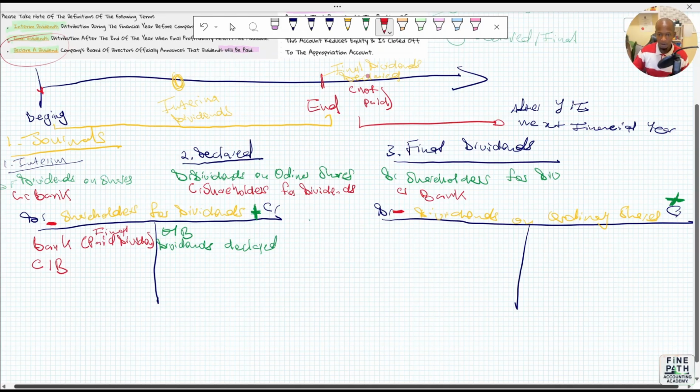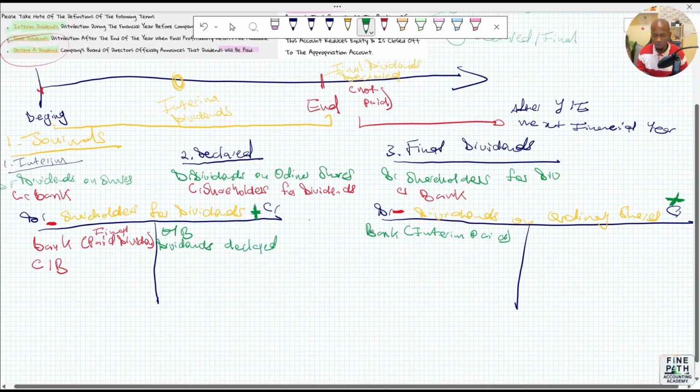Okay. On our debit side, as we see there, we've debited dividends on ordinary shares when we were paying interim and also when we were declaring. So here we would have our bank, and this bank is for interim dividends paid, right? And then secondly, we would need to have our shareholders for dividends, because this is now what was declared. On what we declared, we debited this account, dividends on ordinary shares, and we credited it with what?